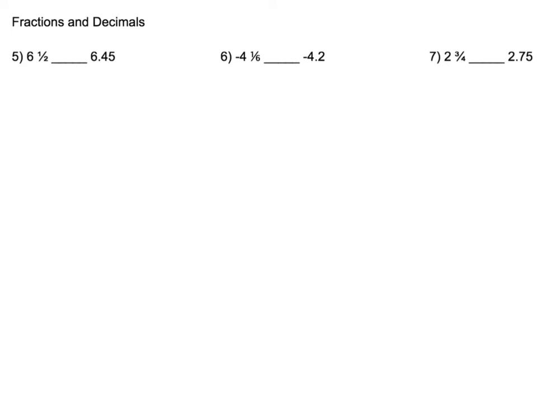So 6 1/2 and 6 and 45 hundredths. Remember, 45 hundredths, we can write that as a mixed number, 6 and 45/100. Now, we can also consider taking the 6 and 1/2 and changing that to be a decimal.